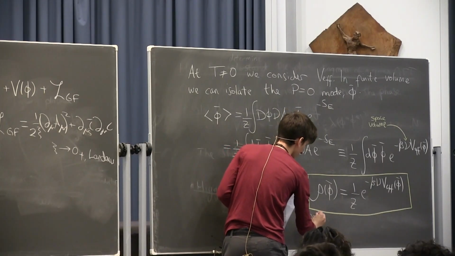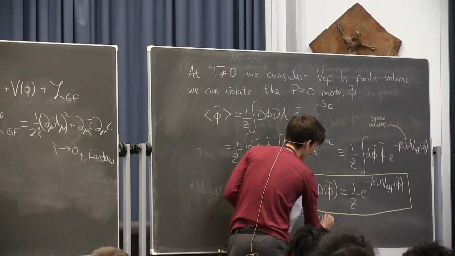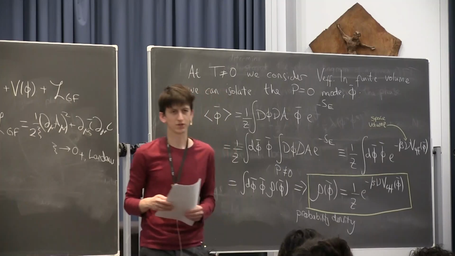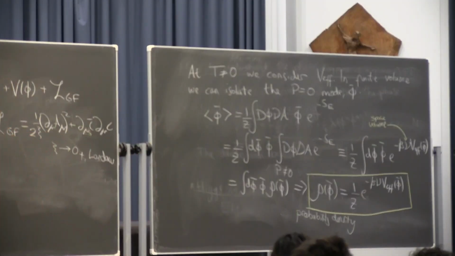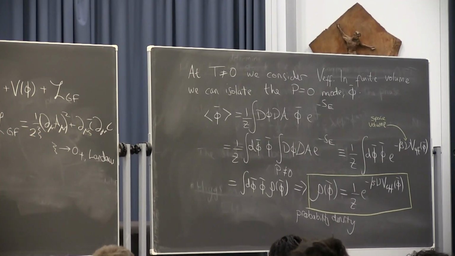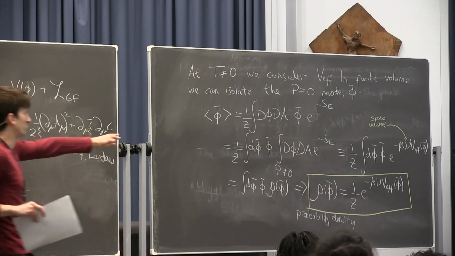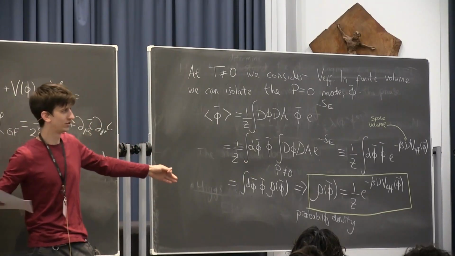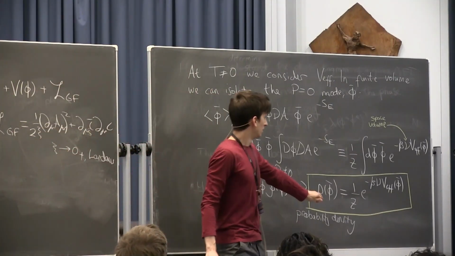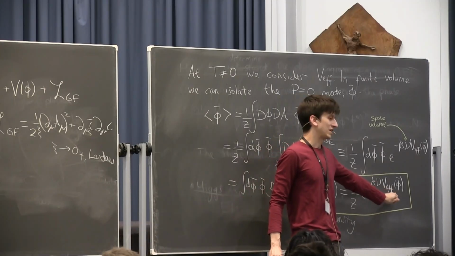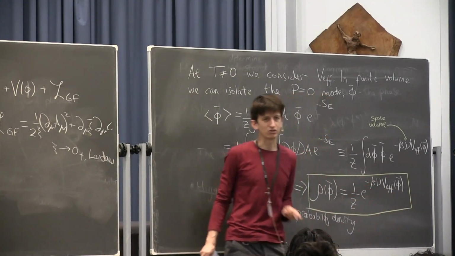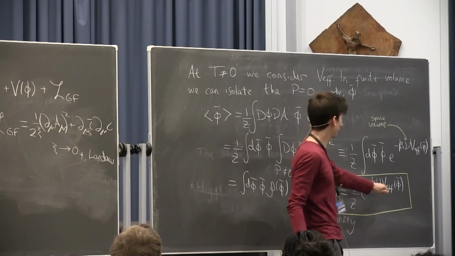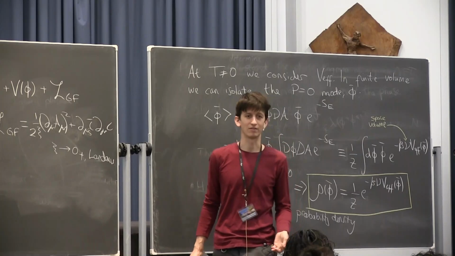So this is somehow the point of this effective potential. It tells you how probable different phi bar values are, where phi bar is the average field in a large volume. So if the effective potential is very large and positive, then it is extremely improbable to have such a value, and if it's large and negative, then it's extremely probable to have that value.